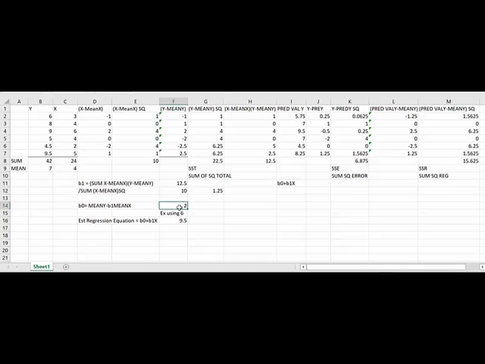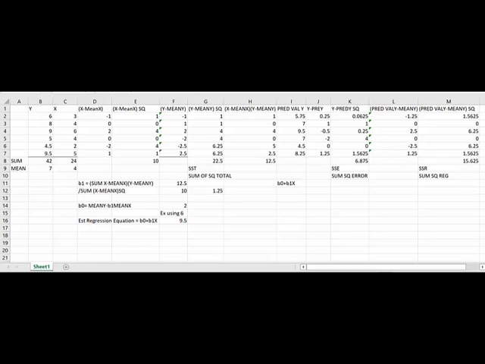So we're going to take the mean of y, which is 7, minus our B1, which we just calculated, which is 1.25, and we're going to multiply that times the mean of x, which is 4. When we calculate that out, we have 7 minus 1.25 times 4, which gives us 2. So that's what our B0 becomes.